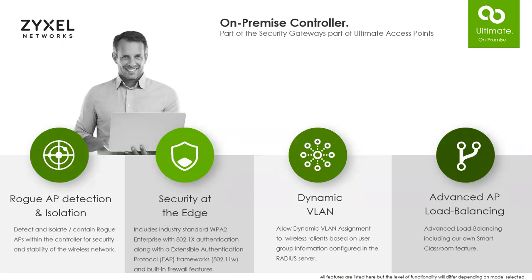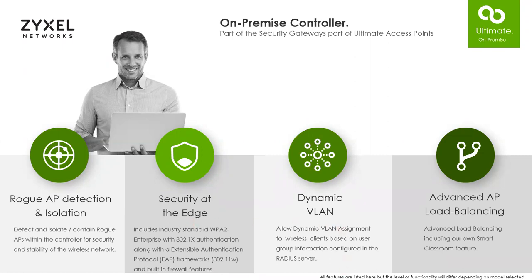The on-premise controller does allow us to do rogue AP detection, something that the Nebula Cloud does not let us do. It also allows us to do some tougher security at the edge. So we've got the typical 802.1X authentication and things like that. But we also have the ability to generate a tunnel directly between your access point and the gateway, so all traffic has to go through your firewall gateway and you can apply security filtering to your wireless users.